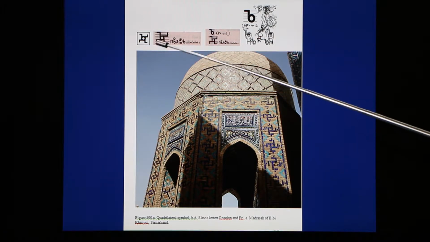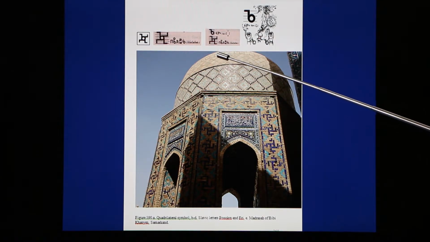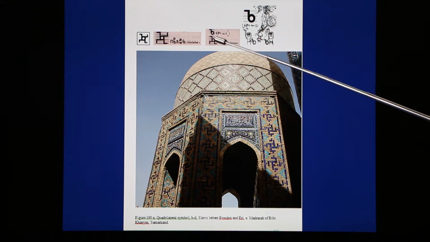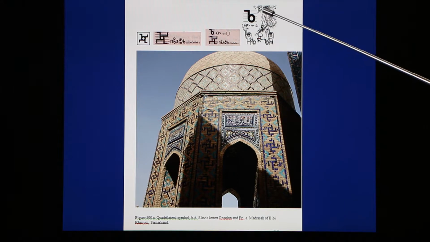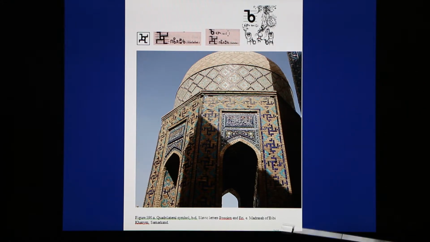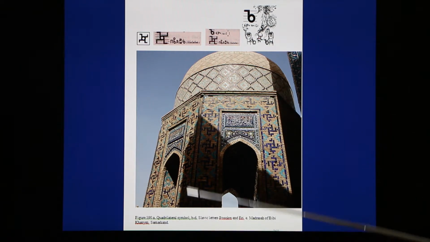And then if we go back to the shape, the backward swastika, there it is, as a posilon. If I have one of those, it's an R in ancient Russian. Or now I can take this pattern and put it onto a mosque, and I have 4. Well, I have a whole series of them.